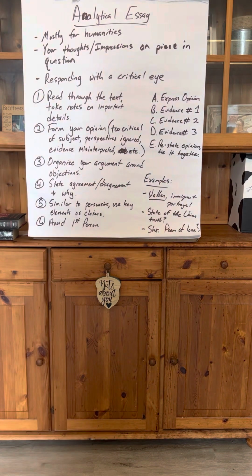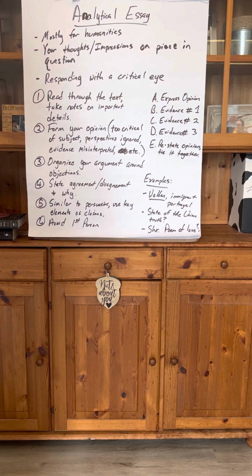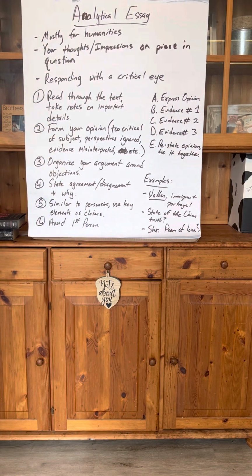So maybe it's a white male author who's not presenting the perspectives of women or people of color, or perhaps, if the writer is not part of the LGBTQ plus community, maybe they're not taking that into account.